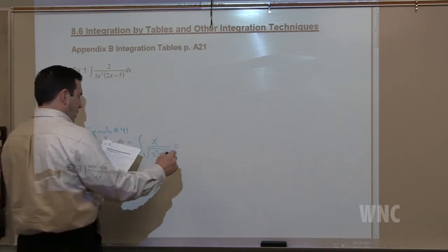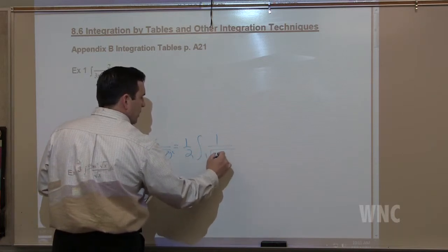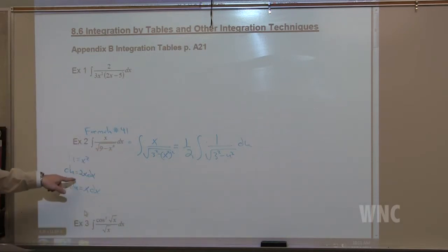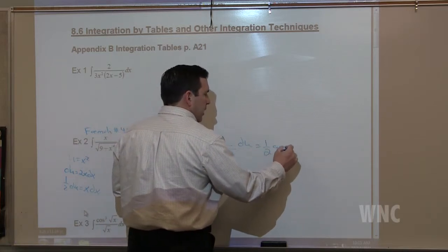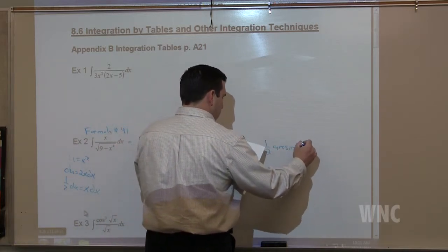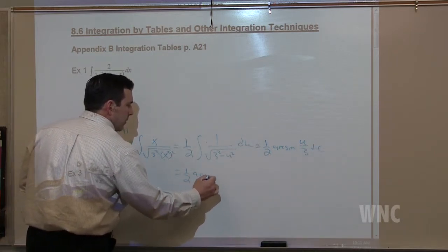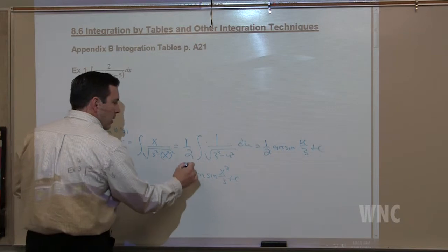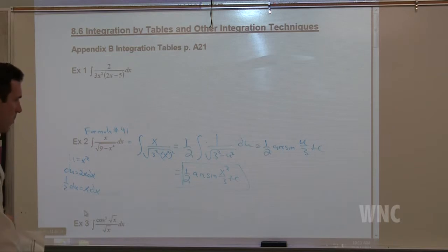Then doing the substitution, 1/2 integral 1 over the square root of 3 squared minus u squared du. That 1/2 du was our x dx. So that is 1/2 arc sine of u over 3 plus c, which is 1/2 arc sine x squared over 3 plus c. We substitute back, and that's our final answer. Feel free to pause that one.